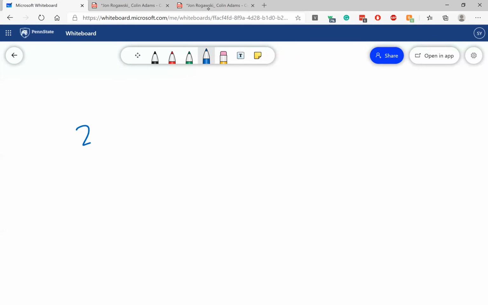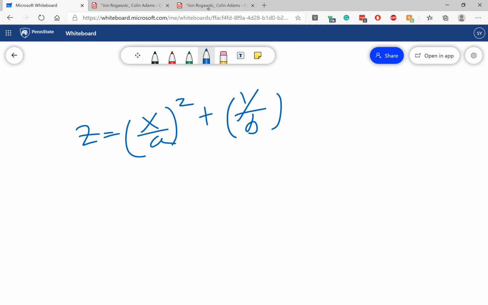z is equal to x over a squared plus y over b squared. And this over here, when z is different constants, once again, we get different ellipses.